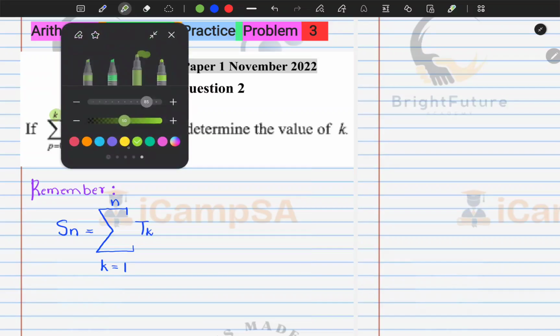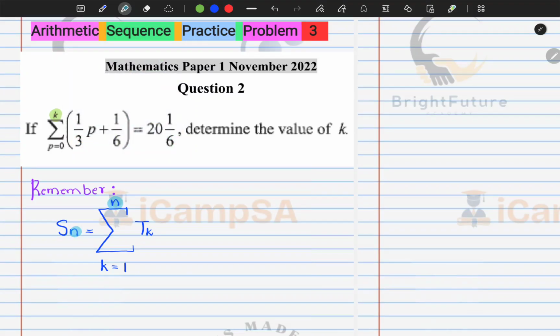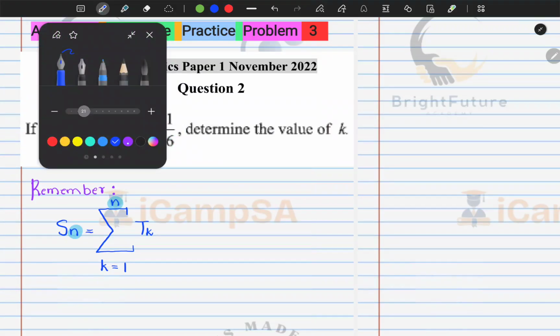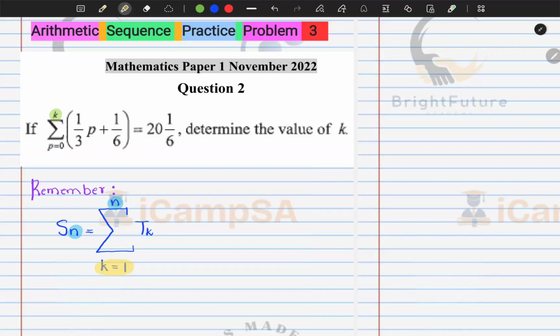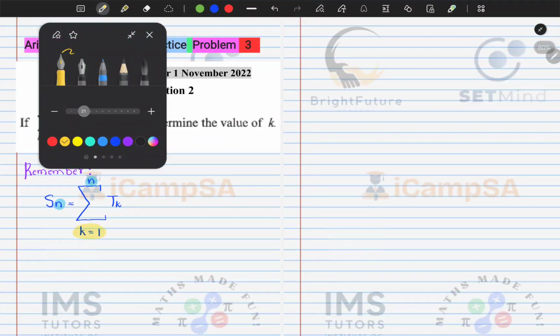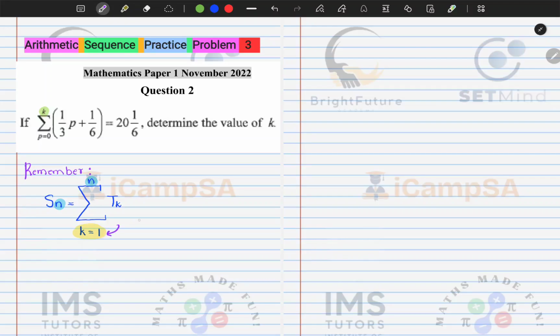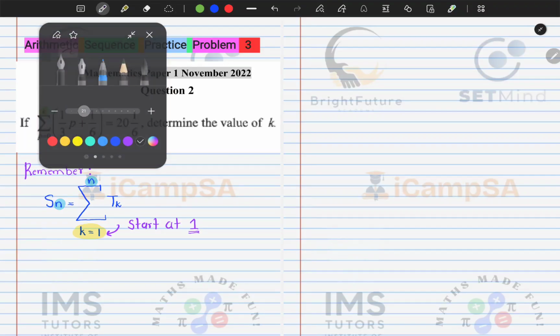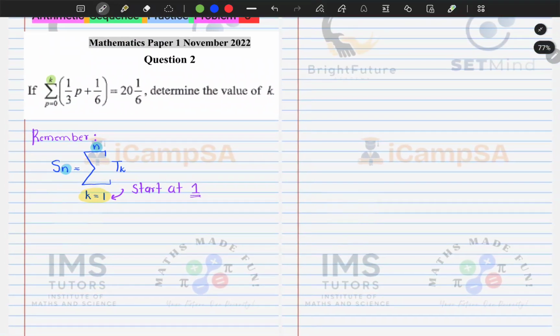There's two things I need you to pay attention to, which is that the n is what we have on our sum, but most importantly, what we start with here is 1. So it means from our problem, we need to ensure that here we start at 1 if we want to use the sigma or the sum formula.